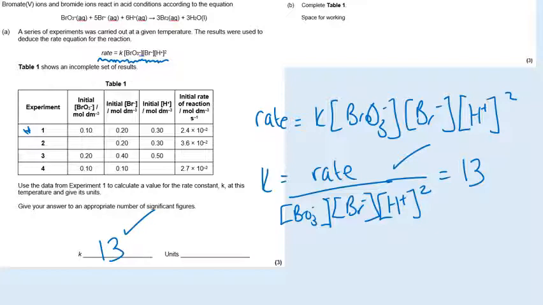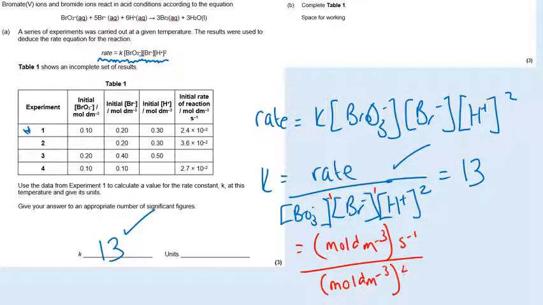Now units. Units for rate are moles per decimeter cubed per second, divided by, now this is concentration, concentration, concentration squared. So on the bottom we've got concentration 1, 2, 3, 4. So concentration to the power of 4. 1 take away 4 is minus 3.